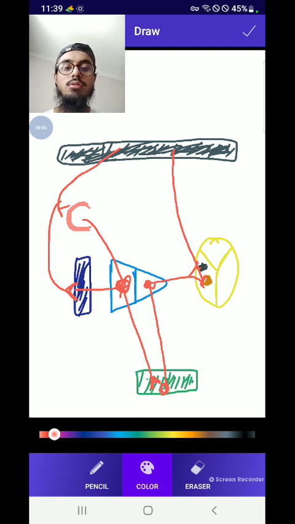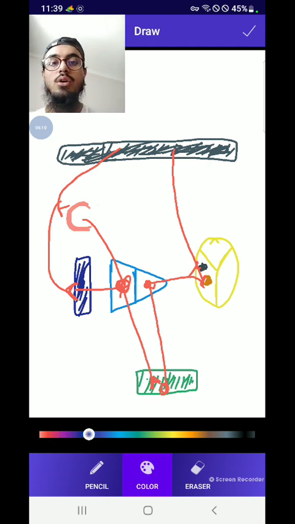Now I tell you how the action potential moves through this pathway. The first neuron is a glutaminergic neuron. It sends the signal to the caudate nucleus and the putamen. Glutamate is an excitatory neurotransmitter, which means it excites the caudate nucleus and putamen.